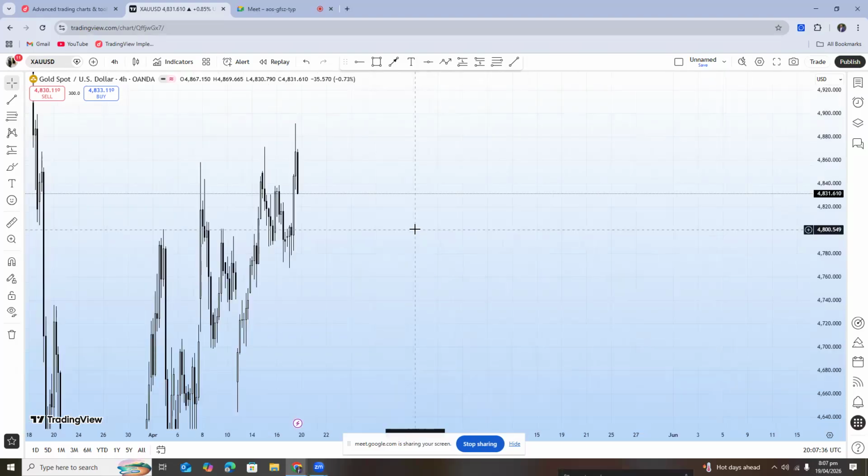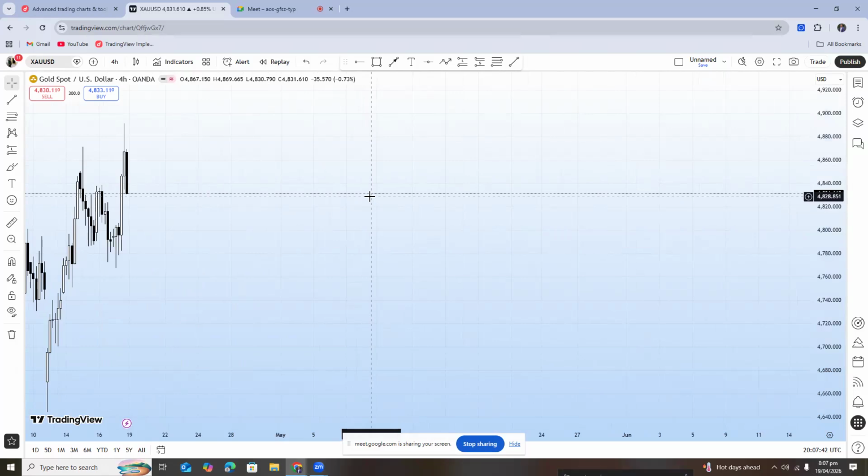Right. So if you have checked the book that I've sent on the platform, it is about candlesticks. When you start reading the book, it says that the candlestick is the language of the market.